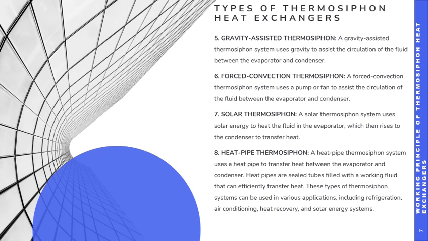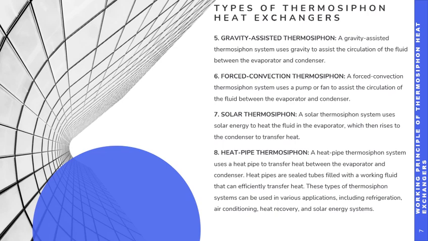Also, we have one called a solar thermosiphon, which uses solar energy, just like the name depicts. It uses solar energy to heat the fluid in the evaporator, which then rises to the condenser to transfer heat.